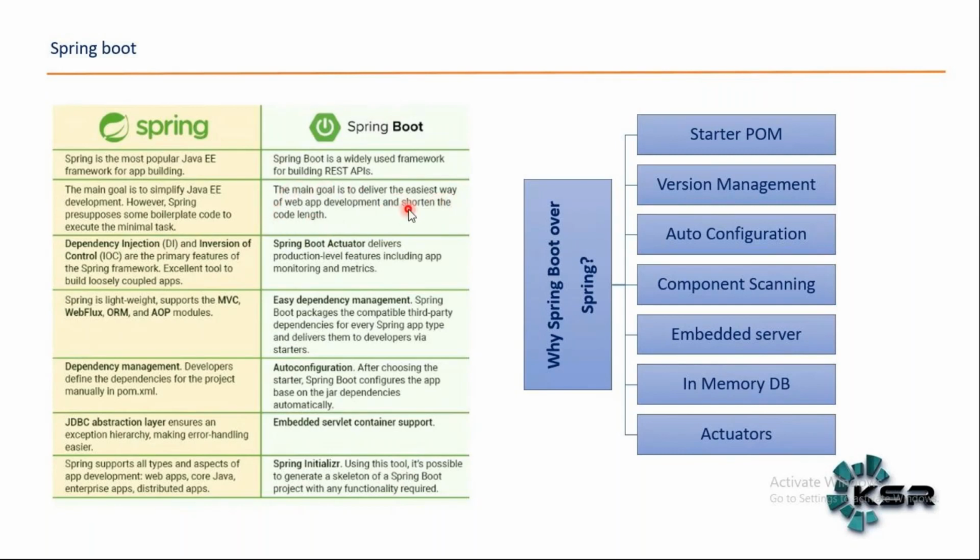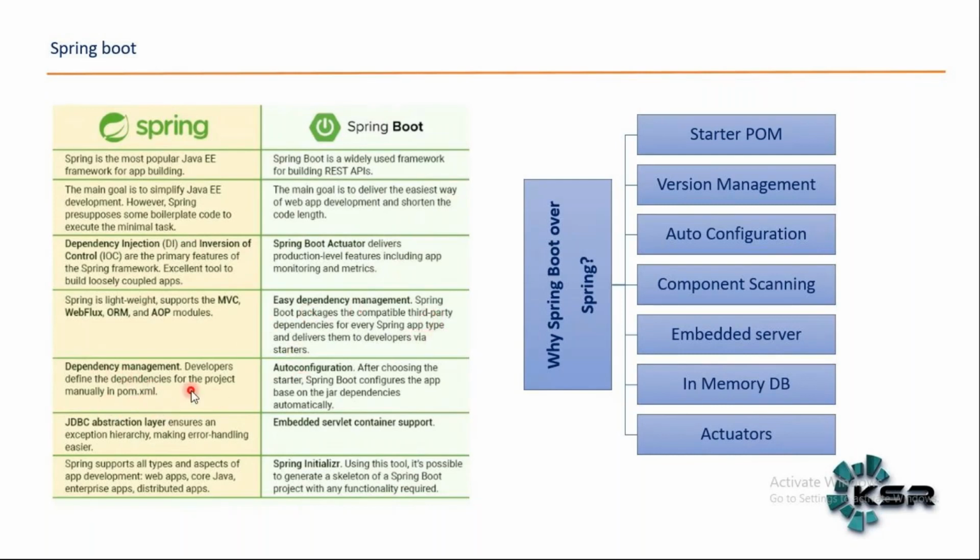You can use annotations instead of XML. In the Spring framework, we have dependency injection, IOC, and everything. Whereas in Spring Boot, we have the actuator to monitor our health, right? Spring is lightweight, and we had multiple components in place. But in Spring Boot, for dependency management, we can just add it by configuring it. Whatever you want to add, you can plug in, right?